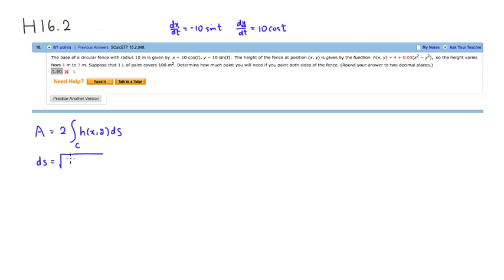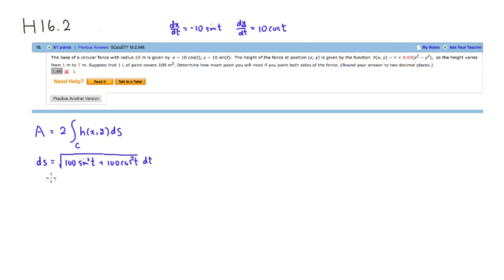So put those in. That guy squared, so we have 100 sine squared of t plus another 100 cosine squared of t, dt.